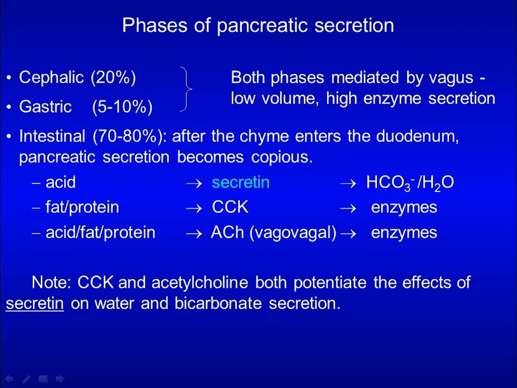It has a low volume because water and bicarbonate are not secreted yet. After food enters the duodenum, it is called the intestinal phase. Pancreatic secretion becomes copious, mainly because acid triggers release of secretin.